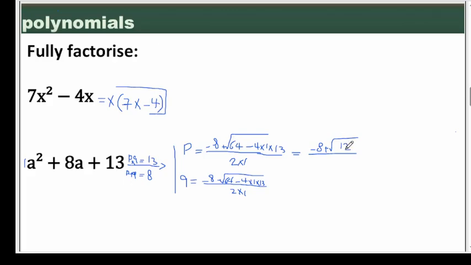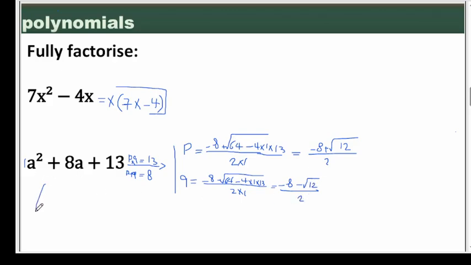If under this square root was a negative number, I would have to say I don't have any real numbers, okay? And over 2, and Q would be negative 8 negative square root of 12 over 2.